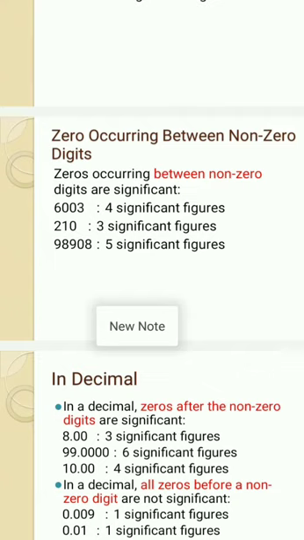But point two says, you see, there are two zeros. Example 0.009. You see the example, there are two zero digits after the decimal. Why does it say that there is only one significant figure? Anyone knows why?